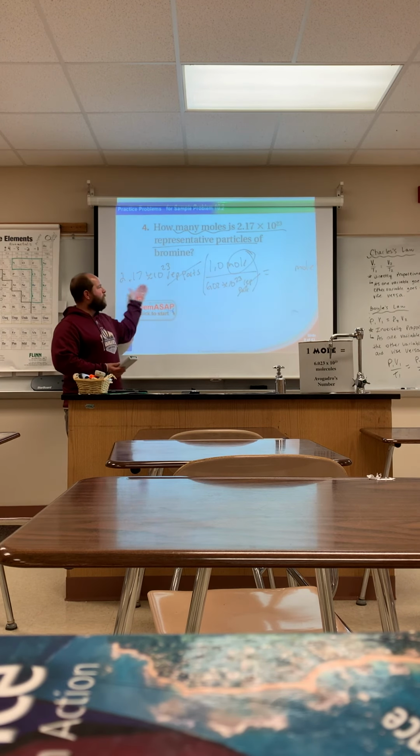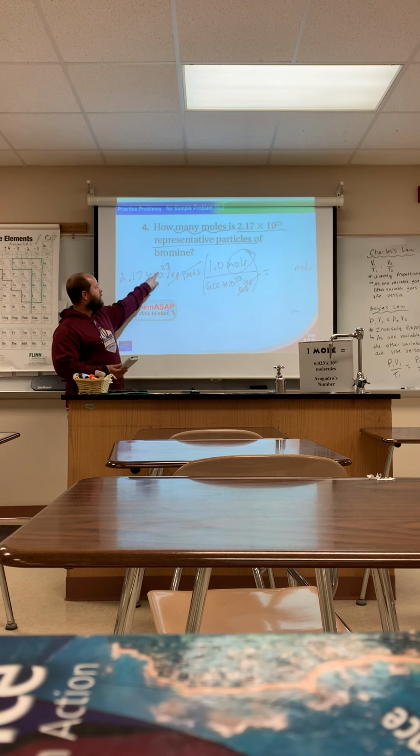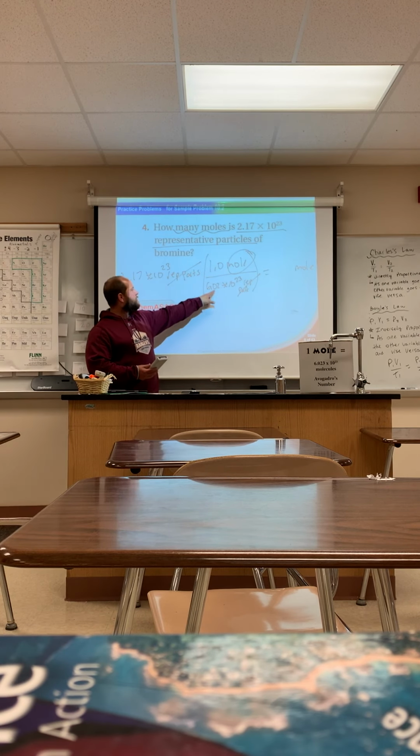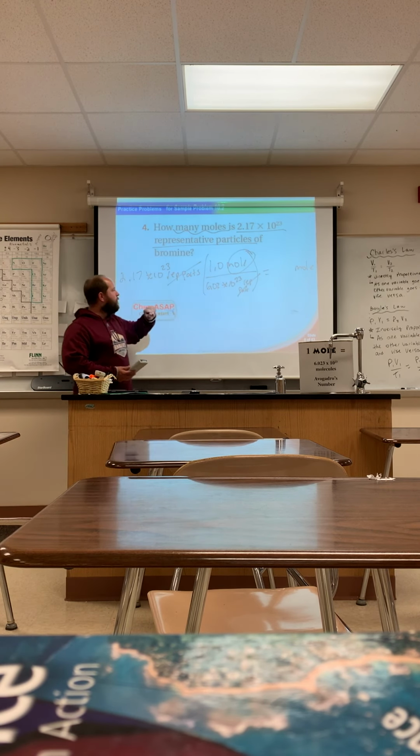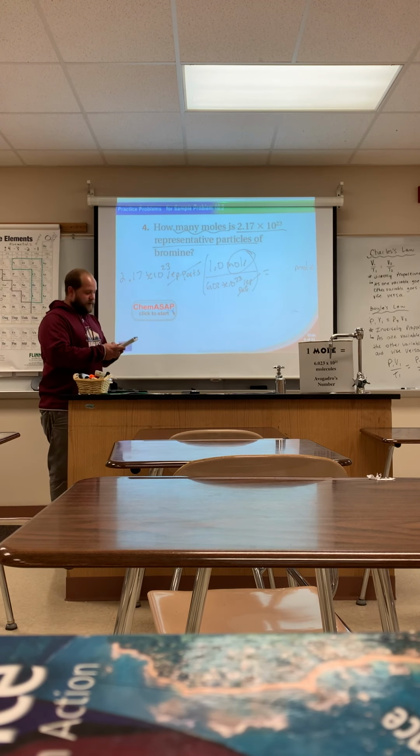Before we calculate it, you can see that 2.17 times 10 to the 23rd is not going to be quite 1 mole. It's going to be right around a third. So let's calculate it and see what we get. 2.17 times 10 to the 23rd, divided by 6.02 times 10 to the 23rd.